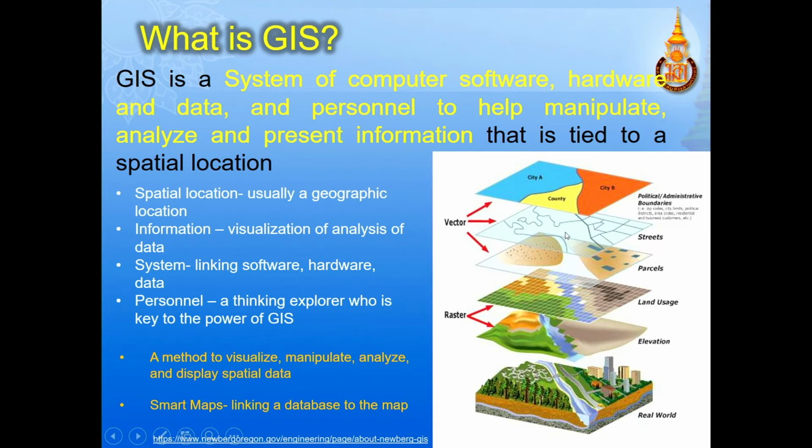The second layer is the street, showing only the street or road. Maybe another is land use, showing only land use activities, nothing else.